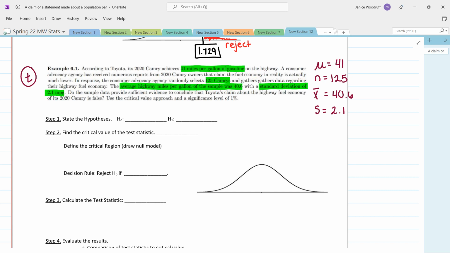When it's true or false, it's not one of those less than or greater than issues. It's not saying that. So it's either equal to 41 miles per gallon or it's not. So this is going to be that two-tailed test where the null hypothesis is that the mean is equal to 41 miles per gallon. The alternative hypothesis is this claim that the mean is not equal to 41 miles per gallon.